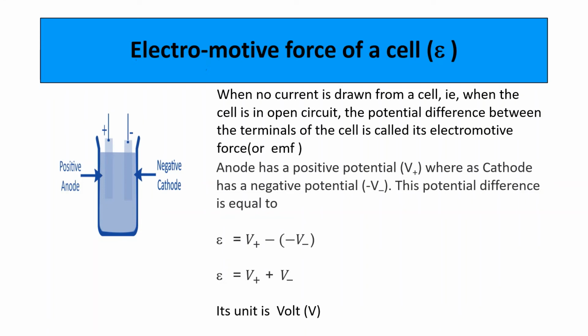Anode has a positive potential V plus, whereas cathode has a negative potential minus V minus. This potential difference is equal to V plus minus minus V minus. Epsilon is equal to V plus plus V minus, and this is a potential difference, therefore the unit is volt.